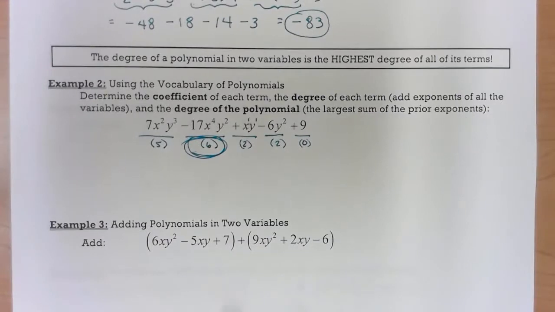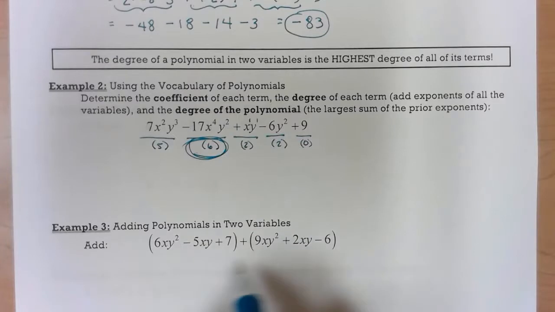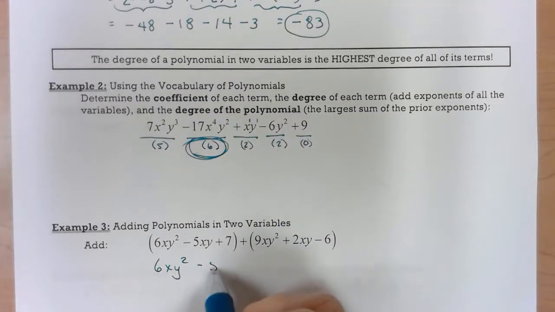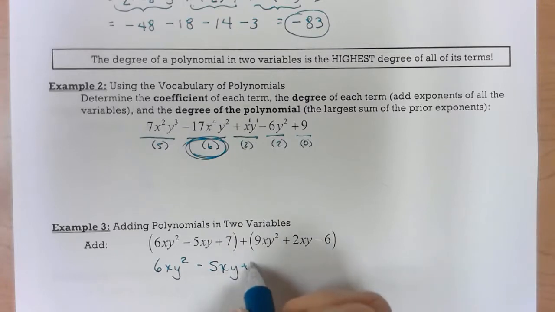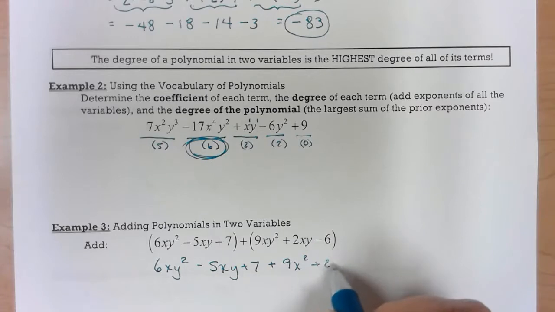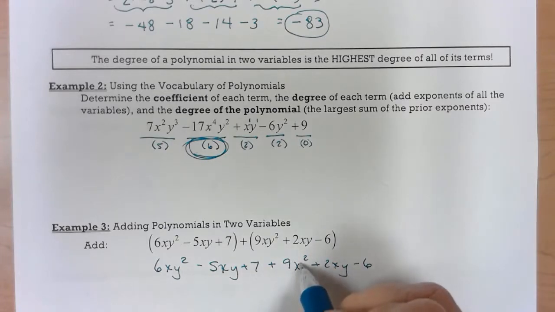Back to adding polynomials and eventually subtracting. Get rid of parentheses. And since I have plus signs in front of all my parentheses, I change no signs. Uh-oh, I left out my y.